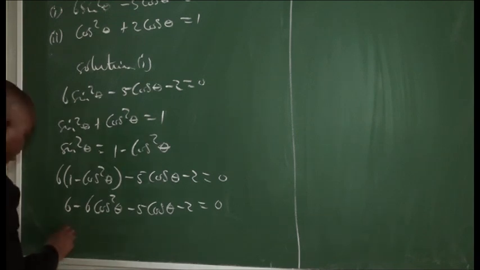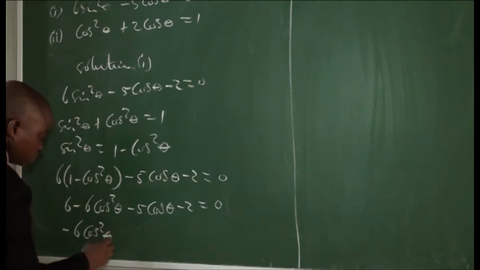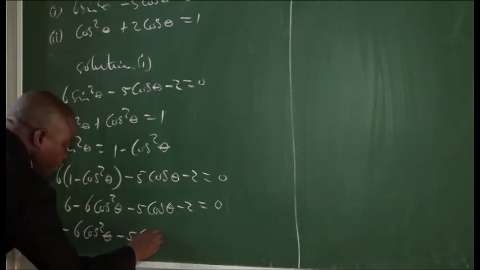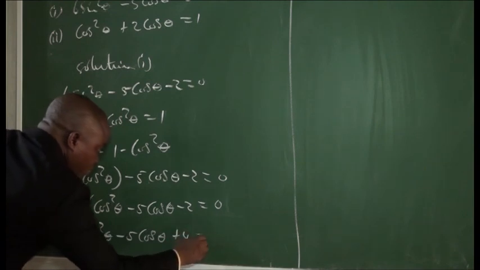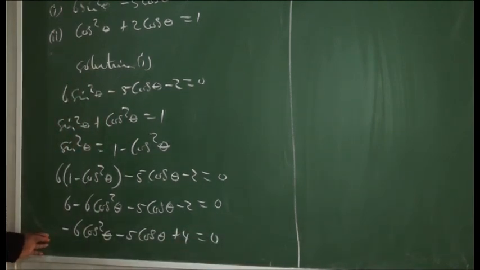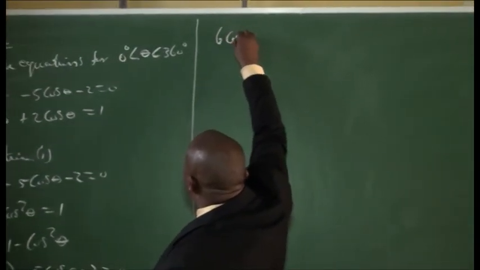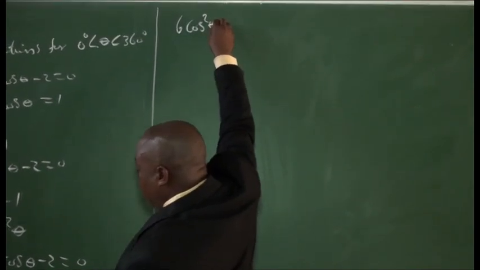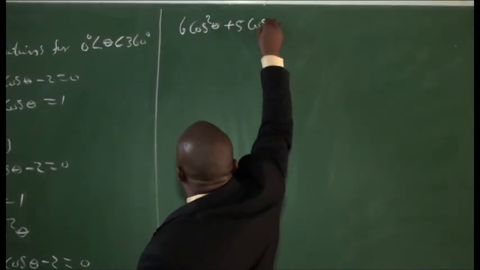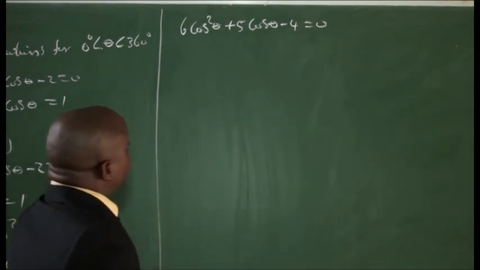So I can write this equation as minus 6 cos square theta minus 5 cos theta plus 4 equals 0. Then I have to multiply it through by minus 1, so that I will have it in this way: 6 cos square theta plus 5 cos theta minus 4 equals 0.